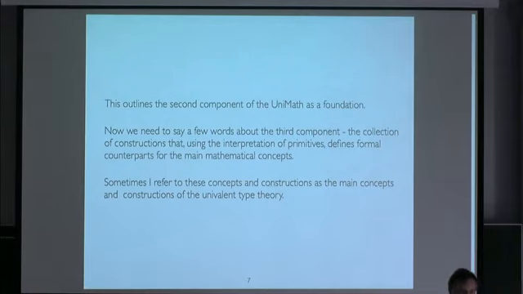And how do we use these gadgets to define what are real numbers or what are smooth manifolds? So sometimes I use the word univalent type theory because these constructions actually appear not only in UniMath but in all other univalent foundations based on dependent type theory that I know of.